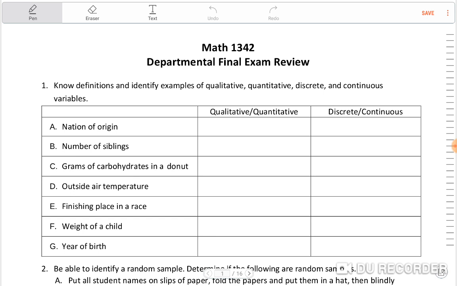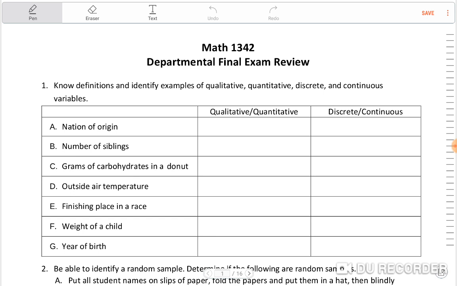So we're going all the way back to chapter 1, and we were talking about some definitions. It says, know definitions and identify examples of qualitative, quantitative, discrete, and continuous variables. The first one we have here is nation of origin. Is that quantitative or qualitative? Well, remember that quantitative is something that is like a number.